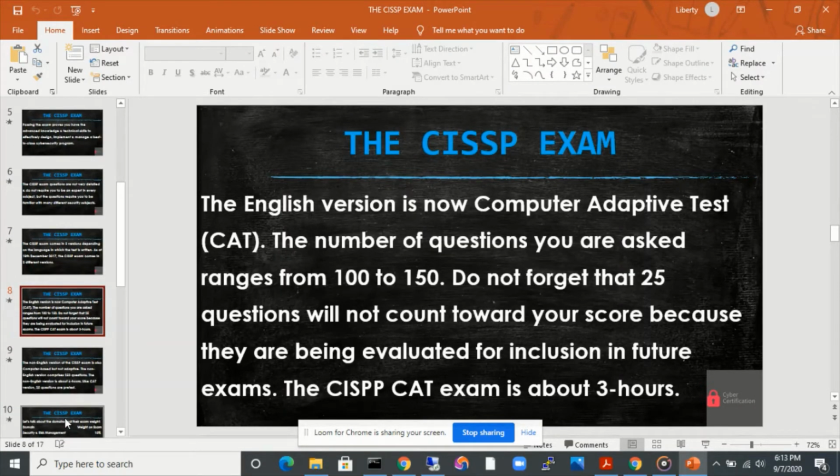The English version is now a computer adaptive test, that is CAT. The English version of the exam is now being rolled out as a computer adaptive test. The number of questions you are asked ranges from 100 to 150. But do not forget that 25 questions will not count towards your score, because they are being evaluated for inclusion in future exams.